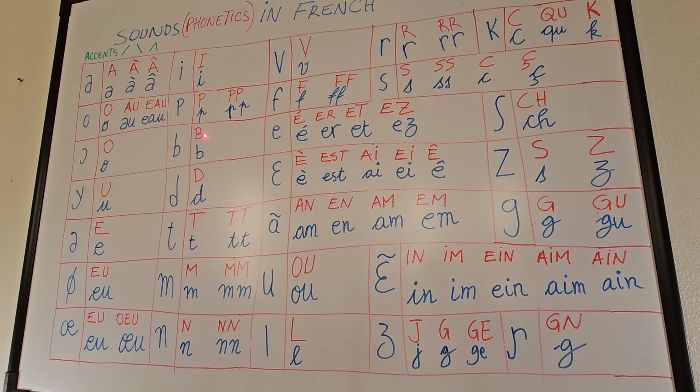Here we have b. And here we have d. That's d. But here we have t. If you see one t, it sounds t.